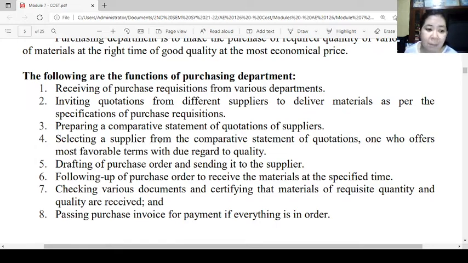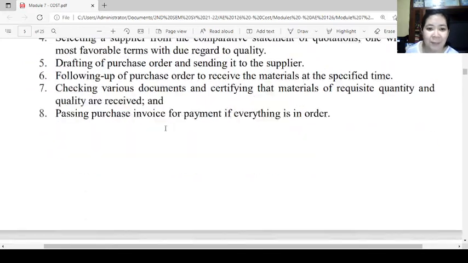And number 8, passing the purchase invoice for payment if everything is in order. These are the functions of our purchasing department, and it should be centralized, again, to avoid non-existent requests for materials purchase and fraud or error as well.